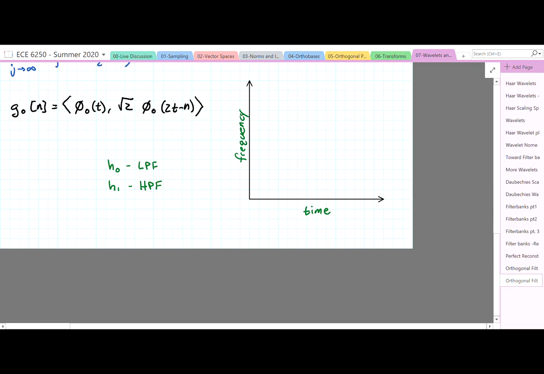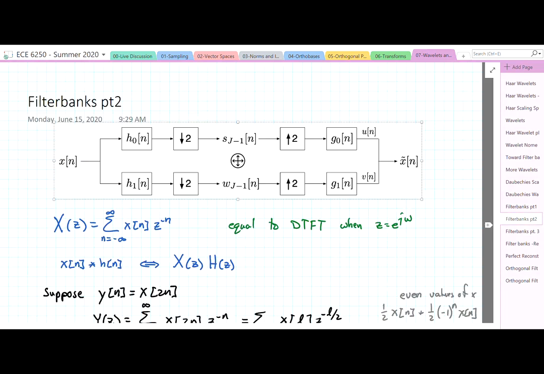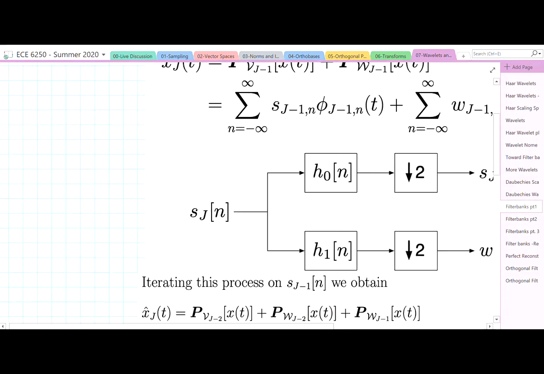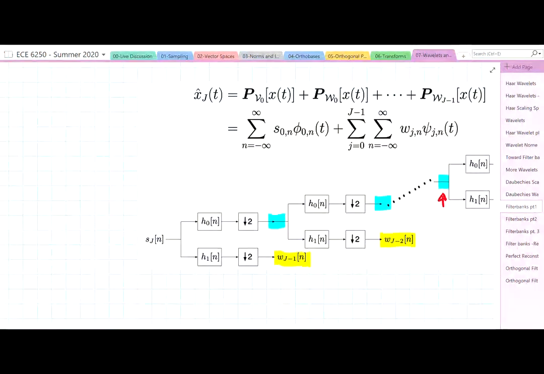And we plot kind of the energy of our coefficients and the impact on the frequency domain. What we find is that our scaling function, and let me pop back to here to illustrate what I'm talking about.